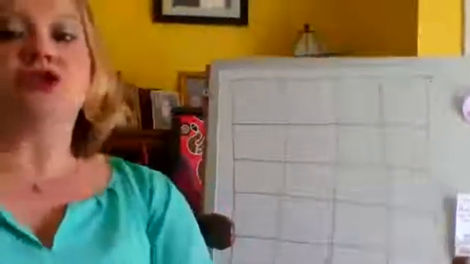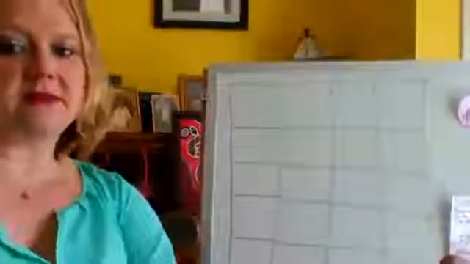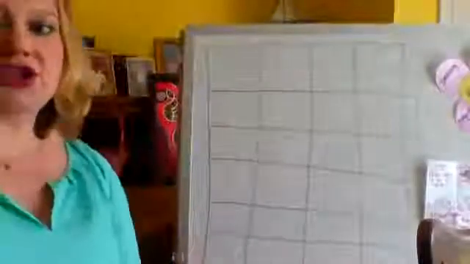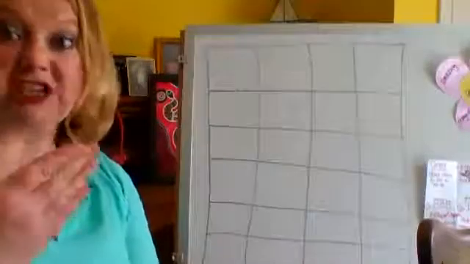So now that I shared you some interesting facts about tarantulas and scorpions based on the text from Jerry Pallotta, I am going to show you how you can do this. Let me see if I can move and tilt it down. There we go. I'm going to show you how you can easily chart information to help you study.